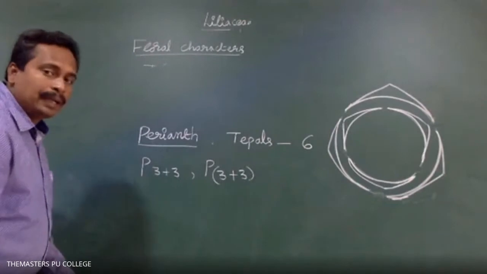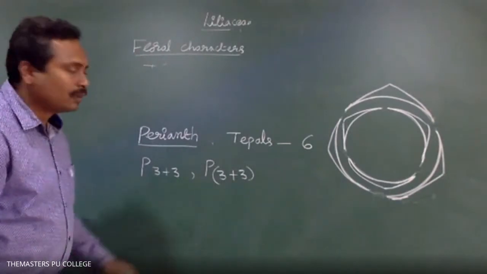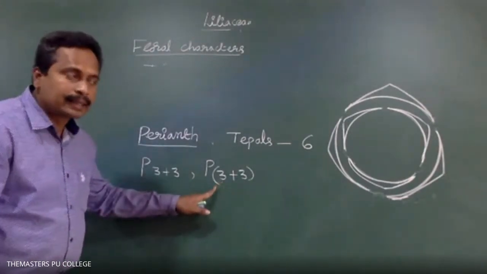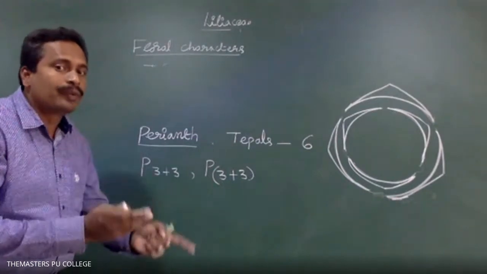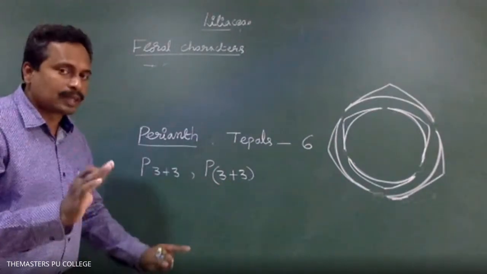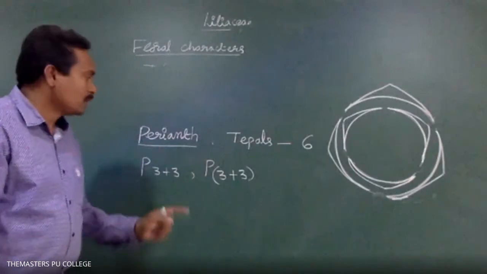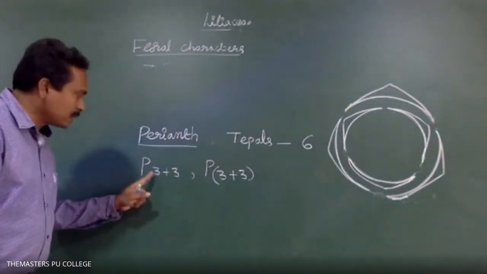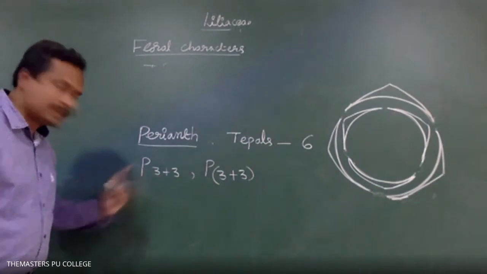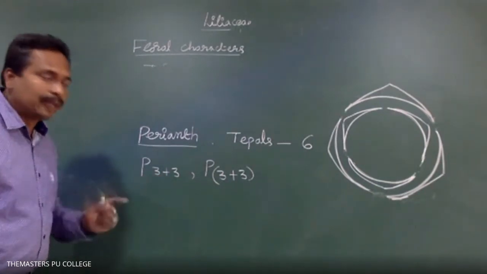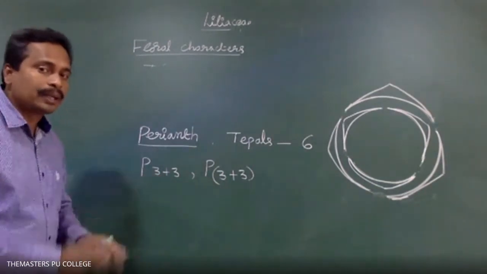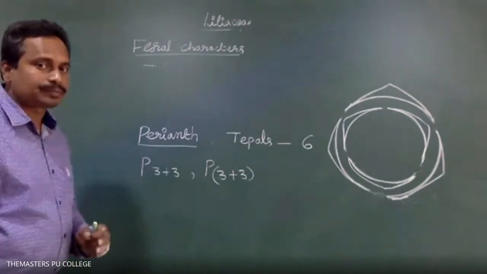So P 3 plus 3 within the bracket indicates the tepals are fused, whereas P 3 plus 3 without the bracket means the tepals are free, not fused.